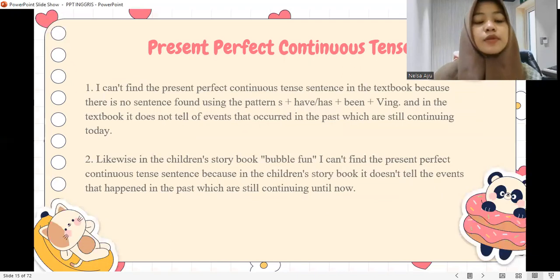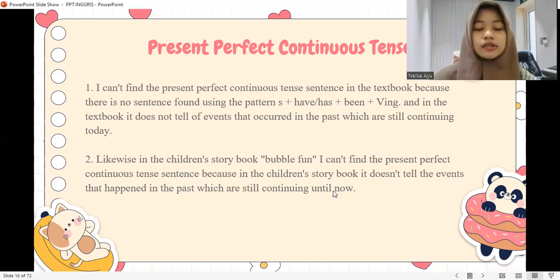For the example number 1, I cannot find the present perfect continuous tense in the textbook, because there is no sentence found using the pattern subject plus have or has plus been plus verb-ing. And the textbook does not tell of events that occurred in the past which are still continuing today.